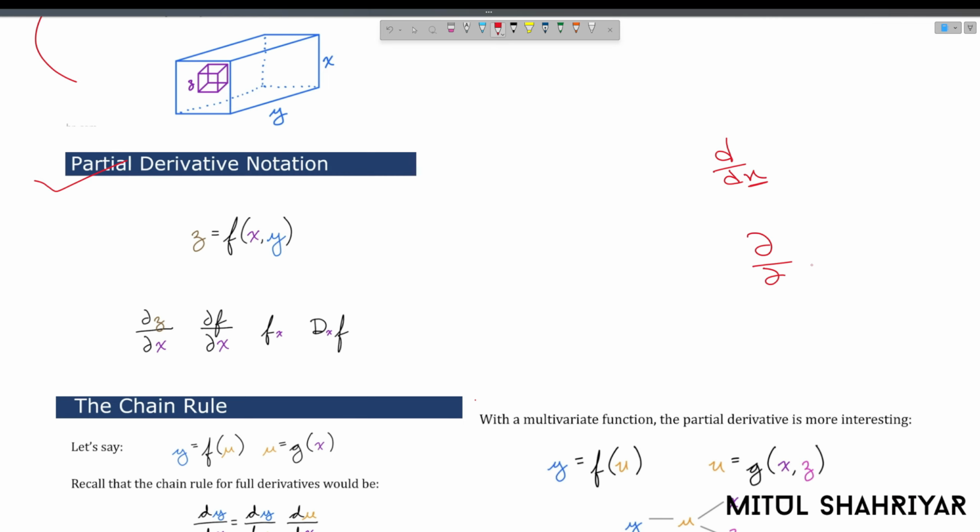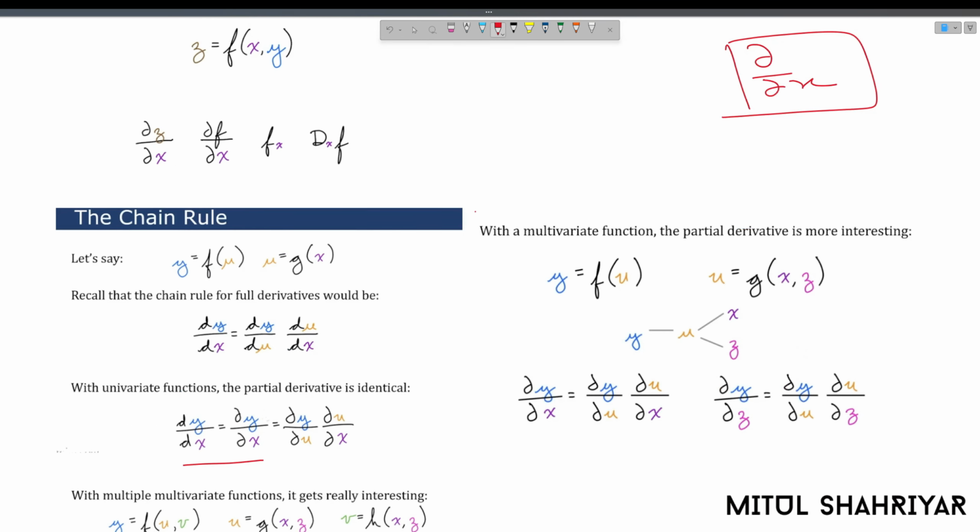Okay, in Bangla you may call it one, something that looks like one, but it's not. It's something like the same thing, but it refers to partial derivatives. When we write partial derivatives, it considers the variables in general, to be honest.